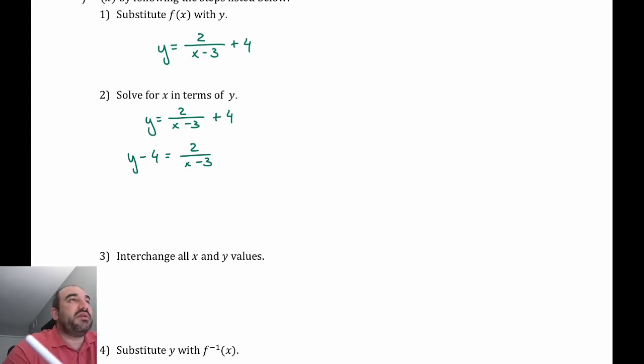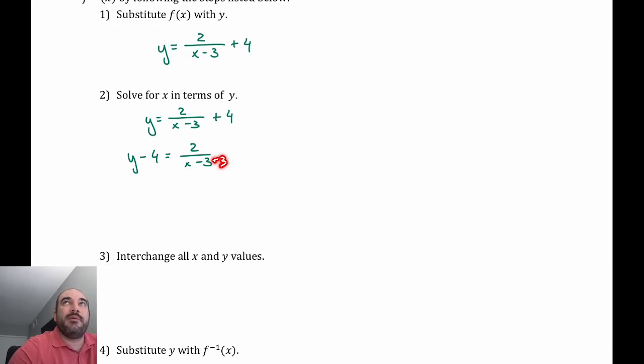Next step may not be so easy. Did anyone come up with something we can do next to rectify the situation? Add 3 to both sides. Good idea, except the minus 3 is kind of locked in this denominator here. I can't just add 3 to this denominator, right?